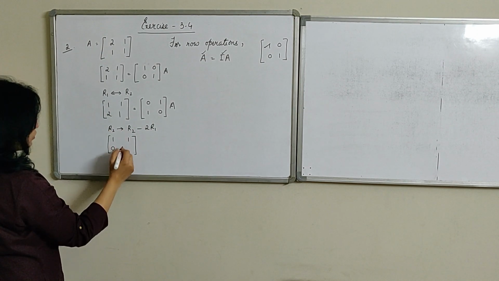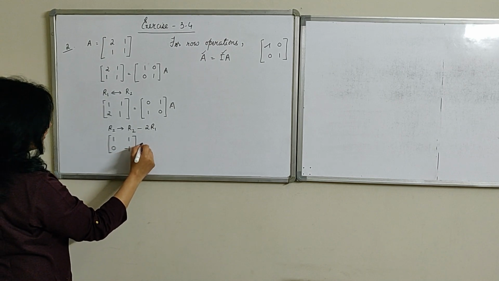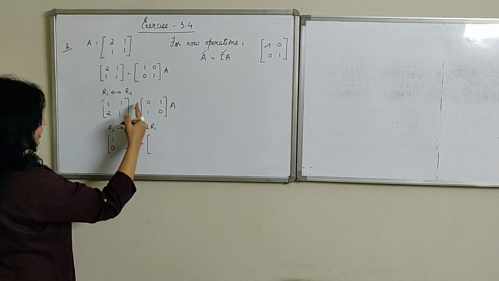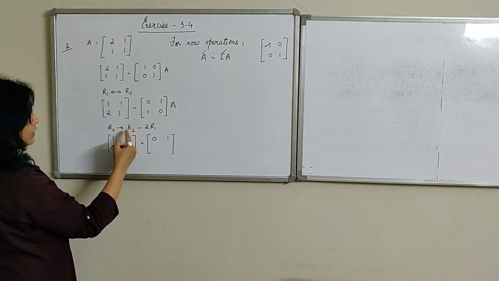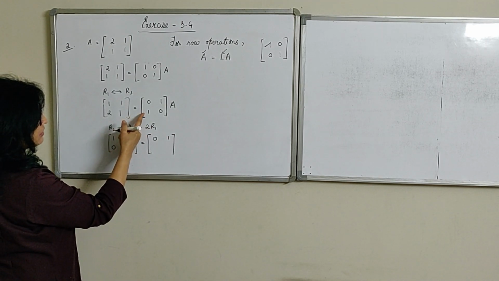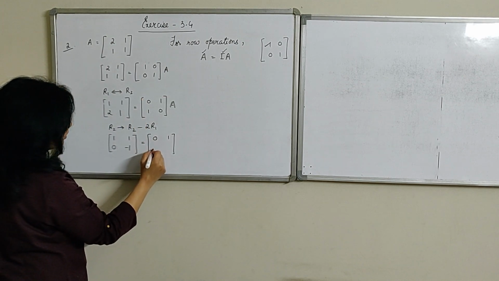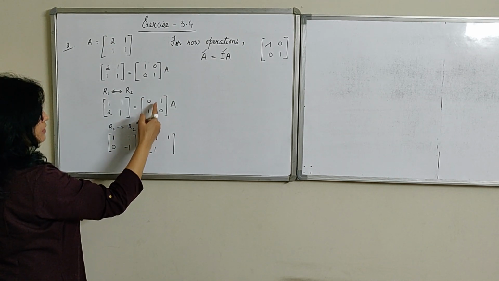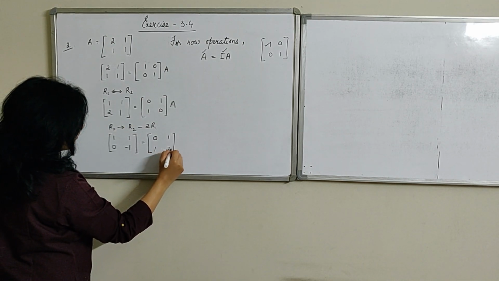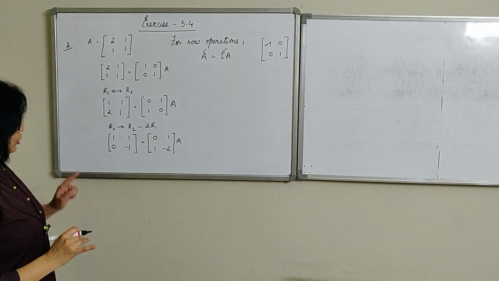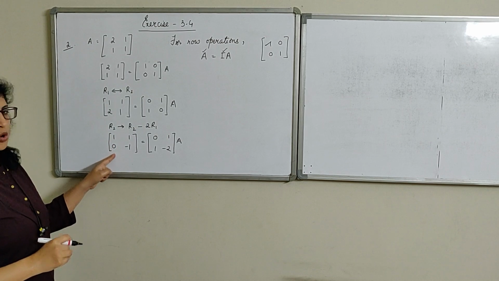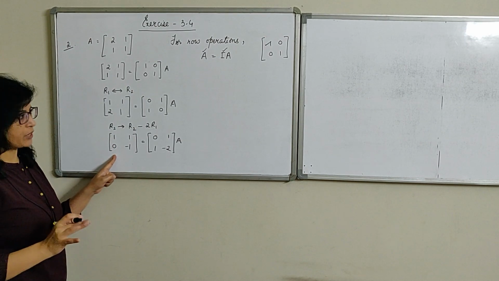This minus twice of this gives us minus 1. Here again there is no change in row 1. Row 2 will change by this rule only. This minus twice of 0 is 1. This minus twice, like this. So after this operation you can see that the first column of the identity matrix has been obtained.